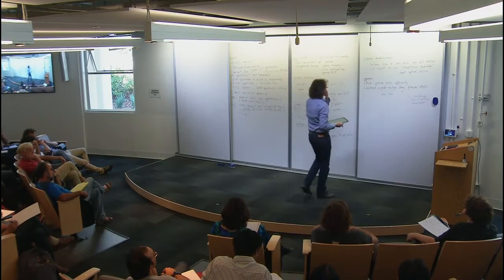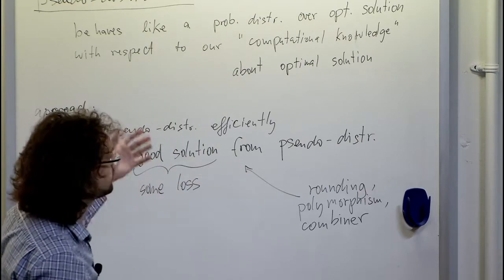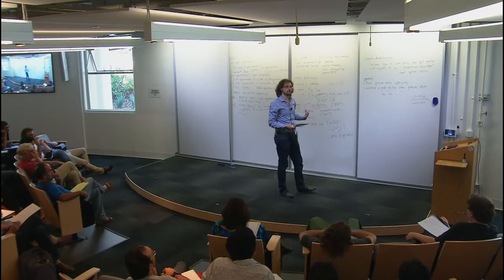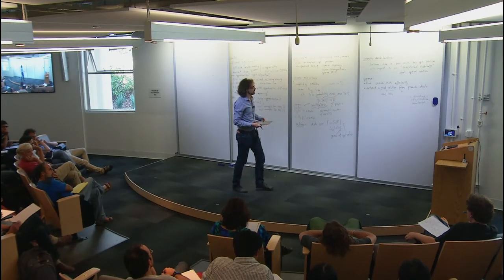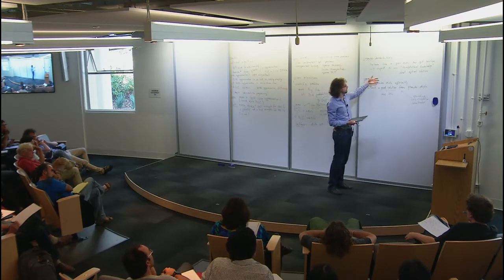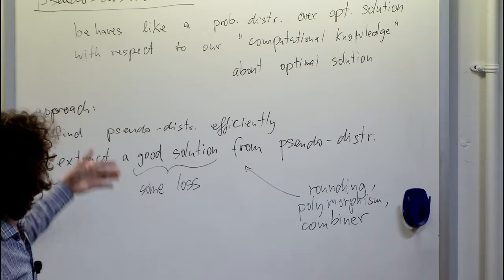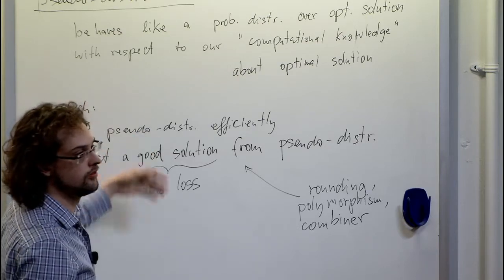Yes. Because we don't want them to be exactly probability distributions, but only with respect to what we know about the problem. So that means it's easier to find these kinds of objects than actual probability distributions, and the algorithms that find these pseudo distributions are convex optimization problems. Which is not surprising because finding actual distributions is also a convex optimization problem. But here this will be a small convex optimization problem.